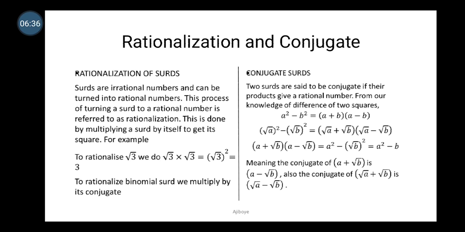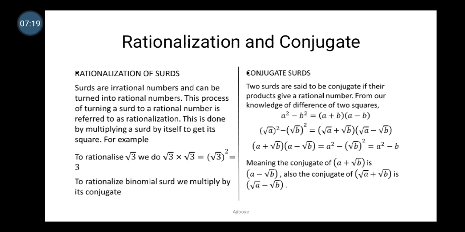Bear in mind, the conjugate of a plus surd b is a minus surd b. So if you are multiplying both, that is, a plus surd b times a minus surd b, you therefore get a squared minus the square of surd b, which already suggests difference of two squares, and that will give us a squared minus b, because the square and the square root will cancel out on the b.